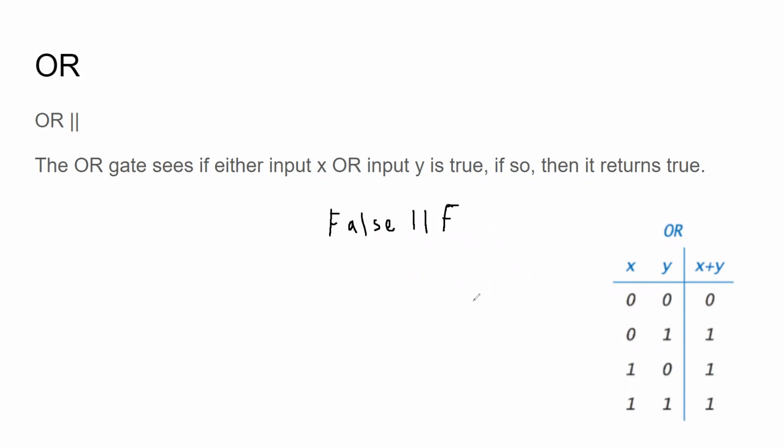So let's do another example. I'm going to give a tougher one: 0 and 0, OR 1 and 1. Here we have an even bigger expression.